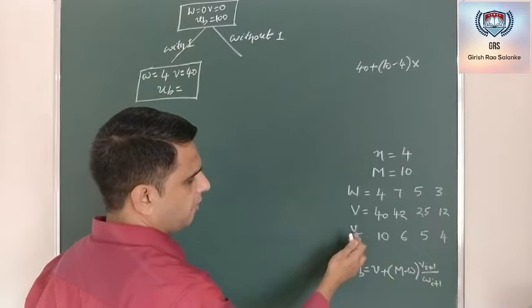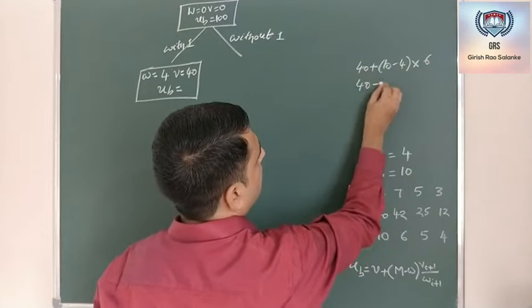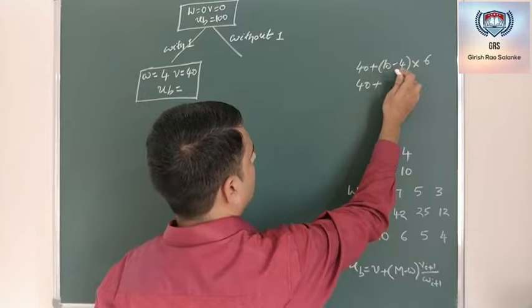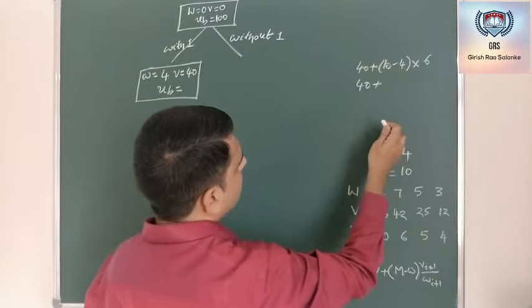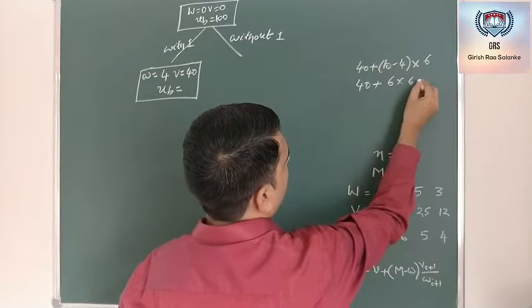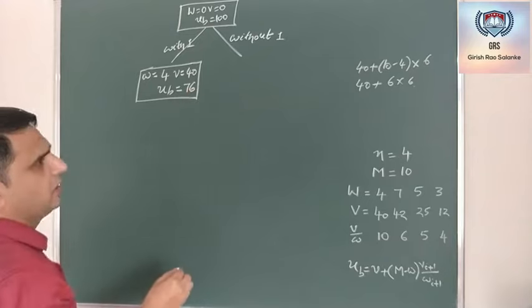Profit to weight of the next object is 6, into 6. So this is 40 plus 10 minus 4. 10 minus 4 is 6. 6 into 6 is 36. So 40 plus 36 is 76. So this is 76.